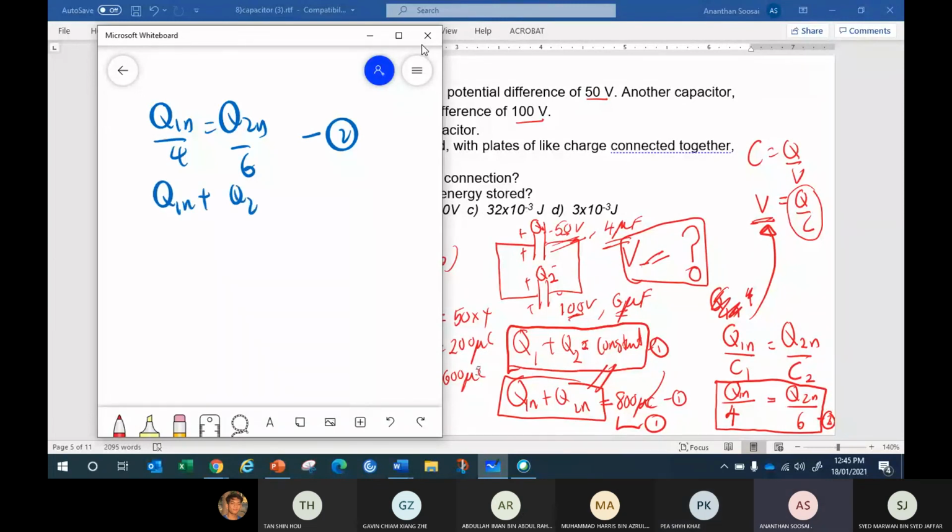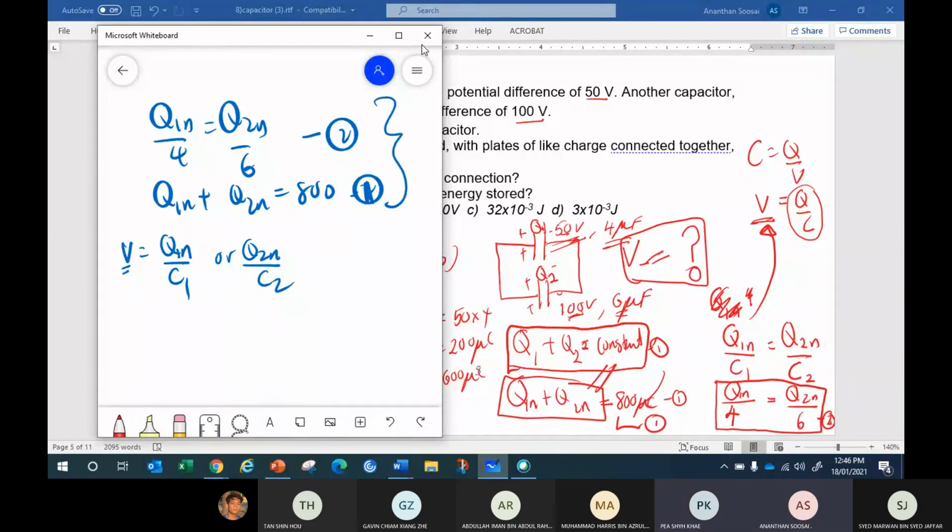Q1n plus Q2n equals 800, this is the first equation. You're looking for V. V we know is Q1n over C1 or Q2n over C2. So if you know Q1, Q2 or another one of them, you can find the final voltage. This is a common voltage.